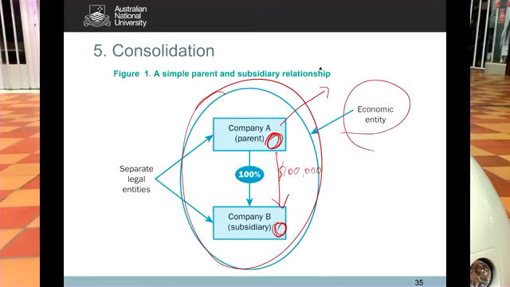It has $100,000 profit. But B is here. If B doesn't sell that product to anybody else, that stays with B. Do you think this 100 profit from the group perspective is realized or not?